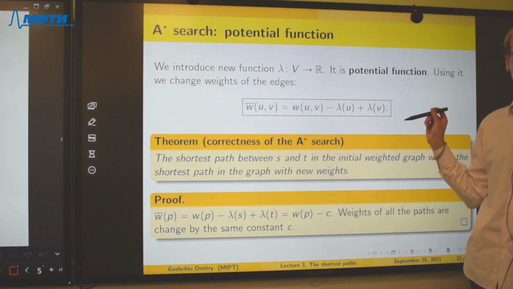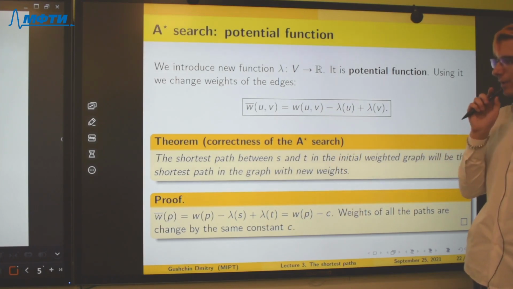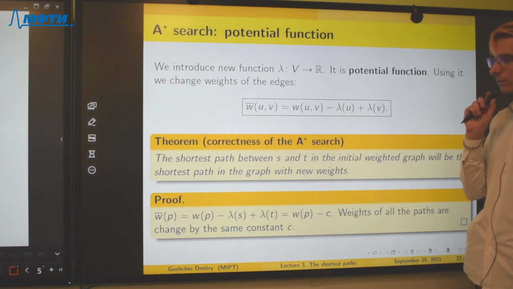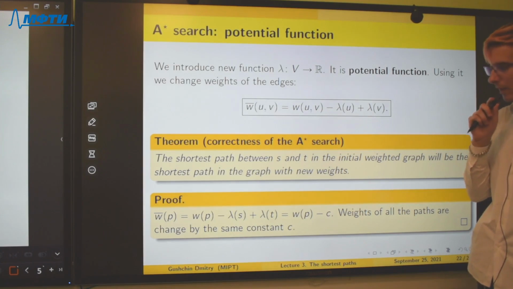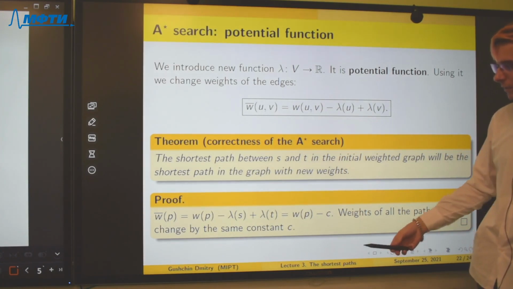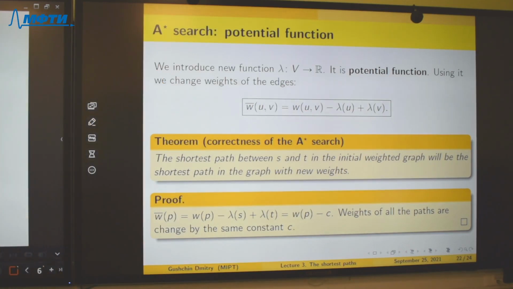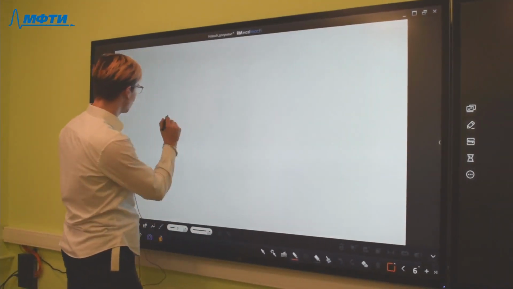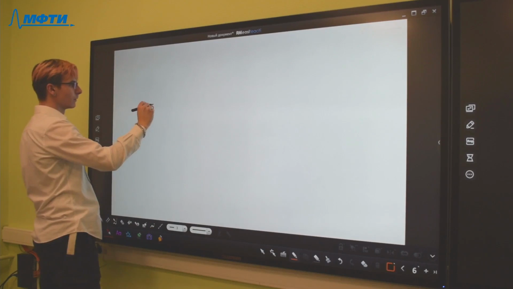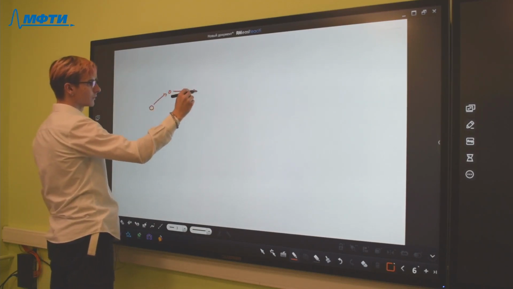Why do we get something interesting? I can draw an example on the board.